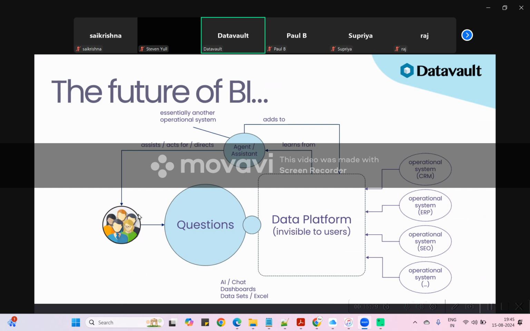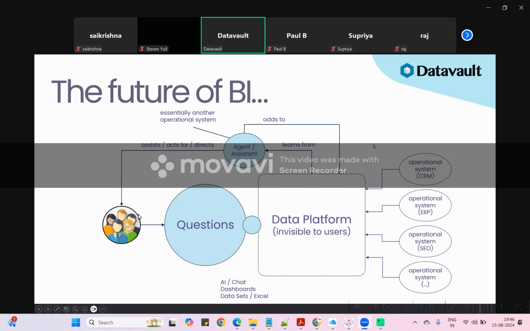But that platform will also be used by your agents and assistants to learn from and to feed information back into in terms of company performance. So it's very much invisible behind the scenes, but very important to drive this new world.